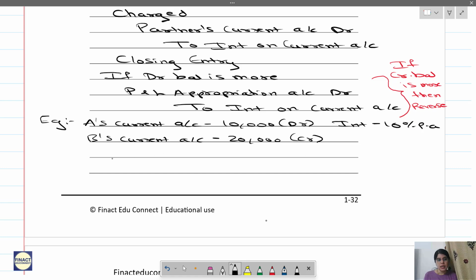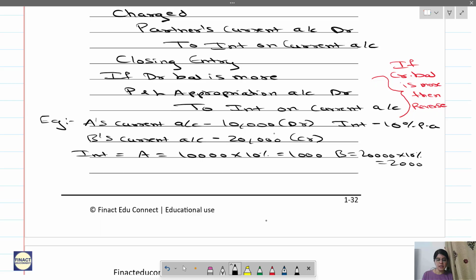Now see here, for A, how much is the interest? For A it will be 10,000 into 10%, so that is 1,000, and for B it will be 20,000 into 10%, so that comes to 2,000. Now for A, it has a debit balance, so we have to charge the interest.